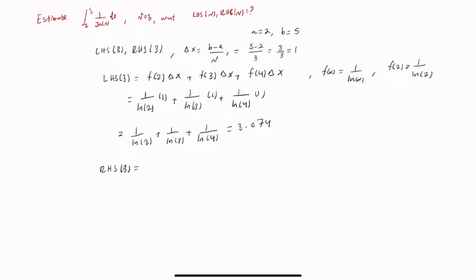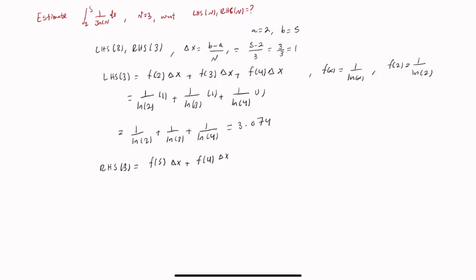Now let's move to the right-hand sum of 3. So here we are going to start from the right point, which is 5, and then move to 3. So we have f of 5, and delta x is going to be the same, since the number of subintervals is the same, which is equal to 3. And then we're going to move to the next point, which is f of 4, since in the right-hand sum we move from the right to the left. Multiply by delta x, and then plus the next point, which is f of 3 multiplied by delta x.